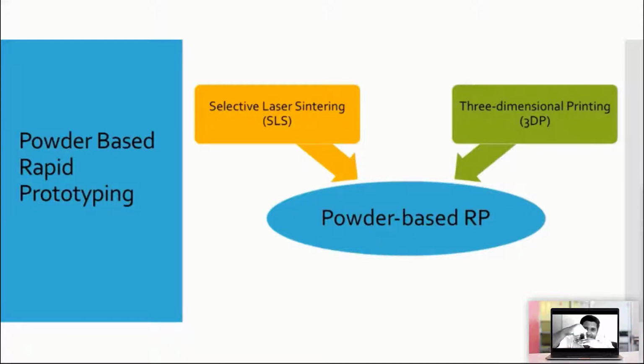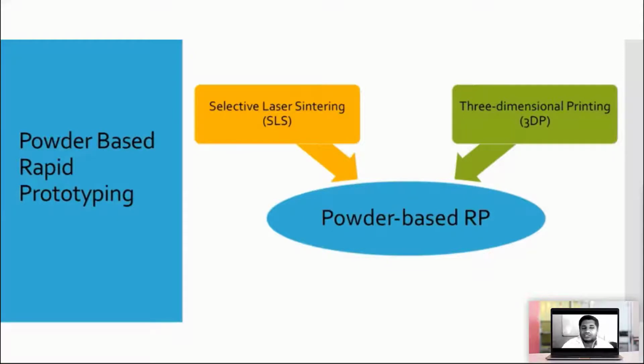When the laser beam moves and strikes the powder, it selectively sinters the powder that I want. Based on the 3D model, it moves in the direction where I want to do sintering, and when the laser beam strikes the material, it creates heat. That heat creates a bond due to the sintering process, and once the bond is created, the product is created.